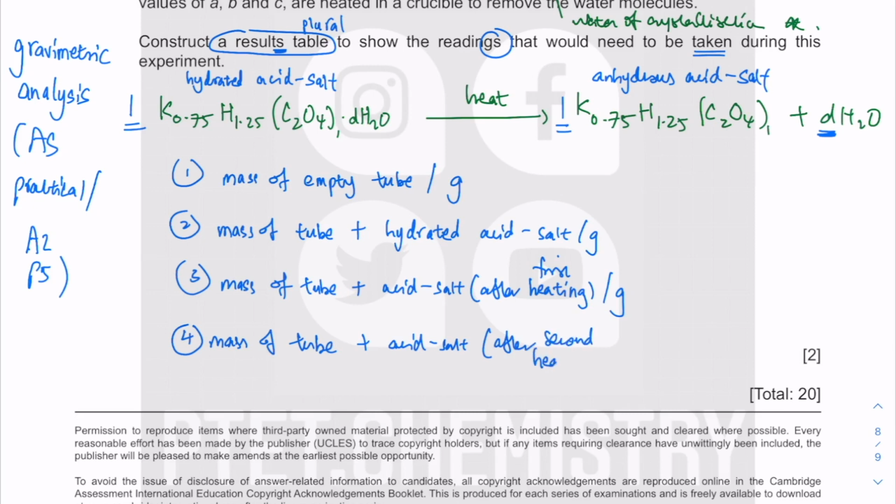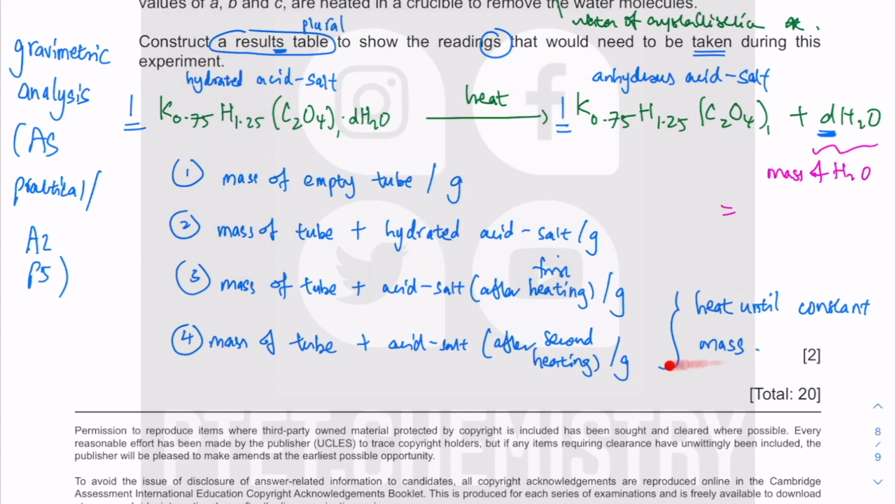Essentially you want to heat until constant mass, because you do not want any water of crystallization that hasn't been driven out. So what is the mass of water then? The mass of the H2O is going to be whatever you have lost on heating to constant mass. I assume that after the second heating it is already a constant mass, so all the water has been driven out.